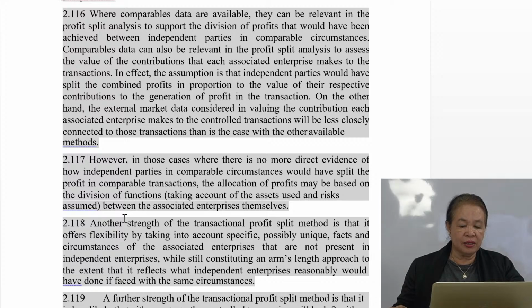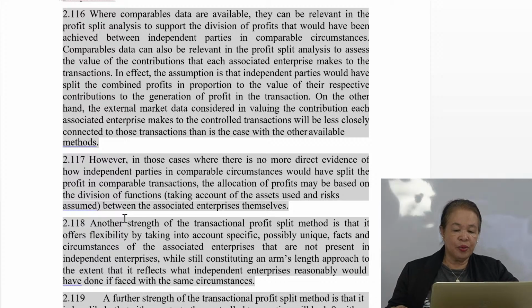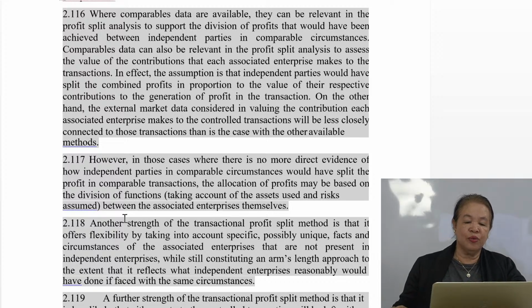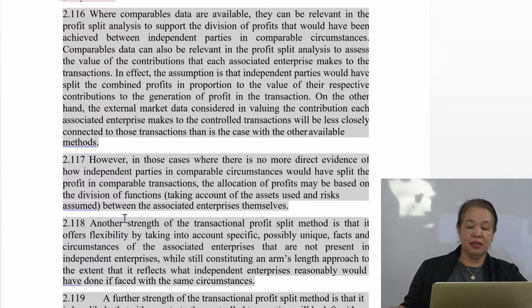However, in those cases where there is no more direct evidence of how independent parties in comparable circumstances would have split the profit in comparable transactions, the allocation of profits may be based on the division of functions, taking account of the assets used and risk assumed between the associated enterprises themselves. So it's hard to find the basis of the split, no?